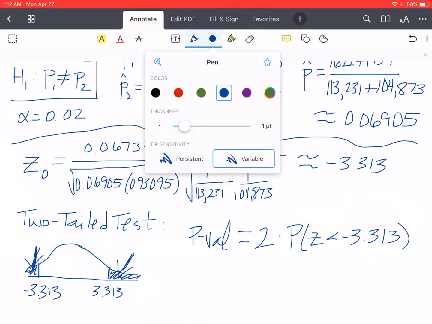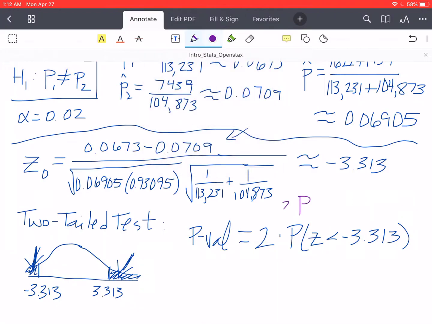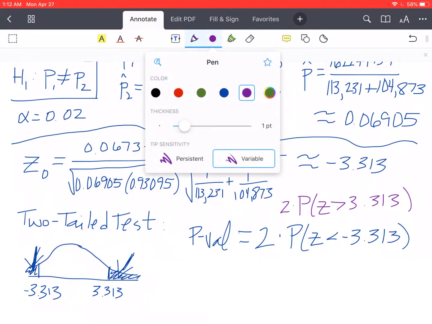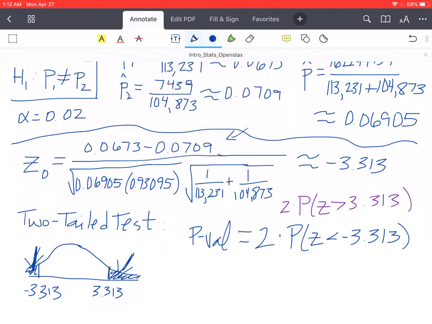Or alternatively, you could have done 2 times the probability that z is greater than positive 3.313, and it would give you exactly the same area. So we run that using our z-score, and this is going to give us, even after multiplying by 2, approximately 0.00092.